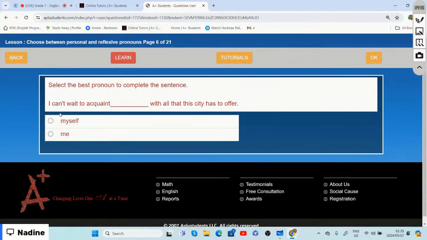All right, so we can say, I can't wait to acquaint. Do we say, I can't wait to acquaint myself with all that the city has to offer? Or do we say, I can't wait to acquaint me with all that the city has to offer? Which one is the correct answer?